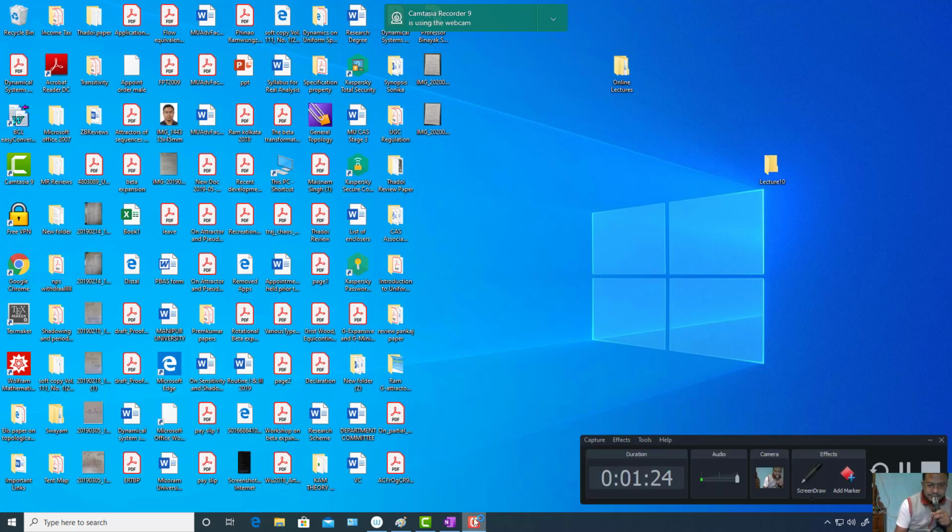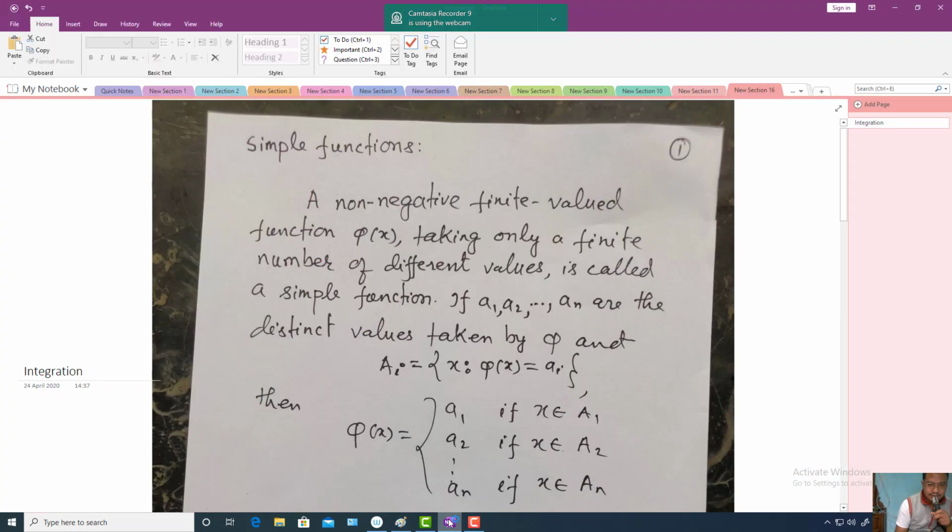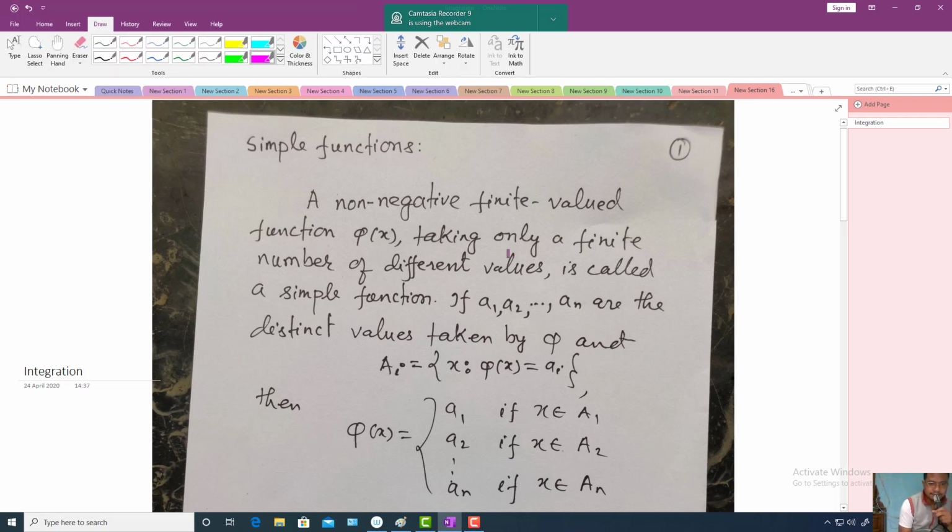So let us first talk about simple measurable functions. Here we are assuming that the domain of the function is the whole set of real numbers R. So what is a simple function?